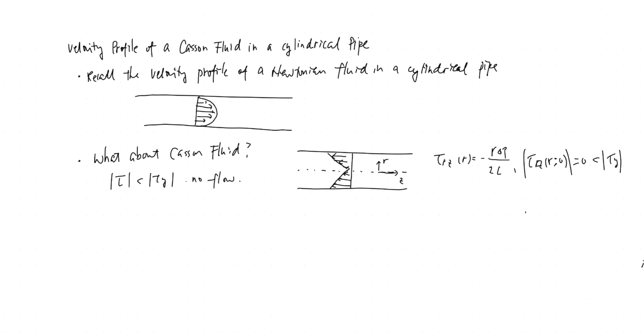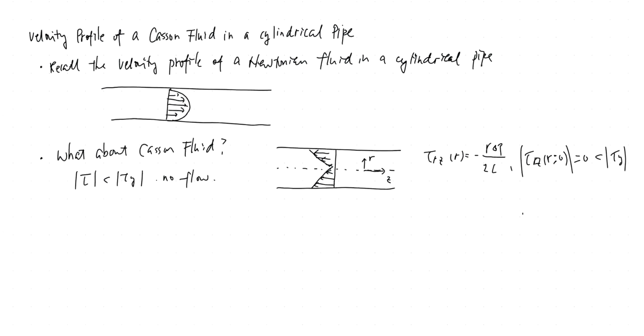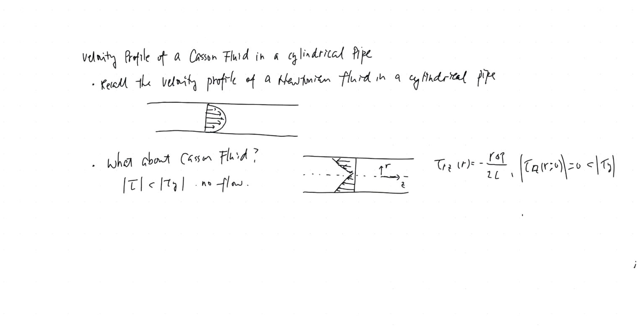So no flow, and depending on how strong the maximum wall shear stress is, the no flow region may extend some significant distance along the central region of the pipe, or maybe it's small, or maybe it's large.